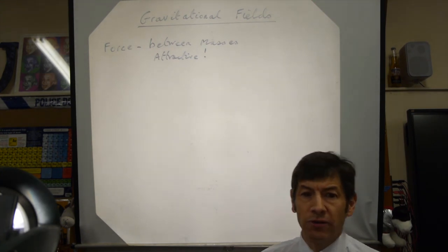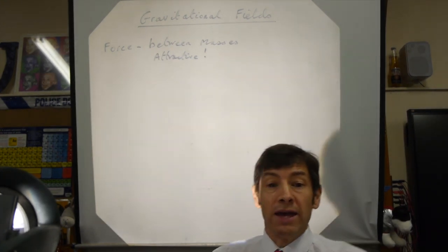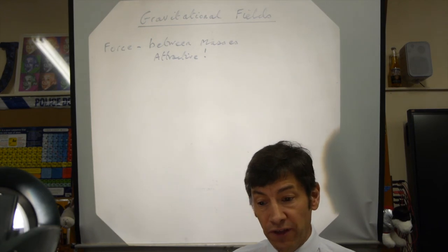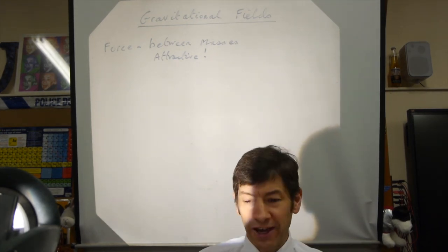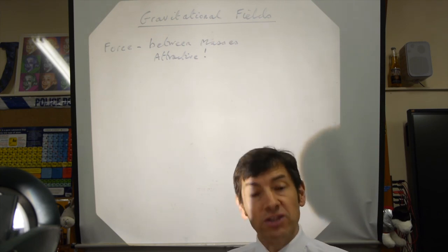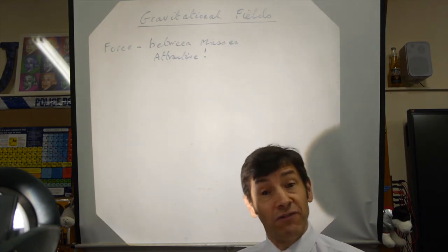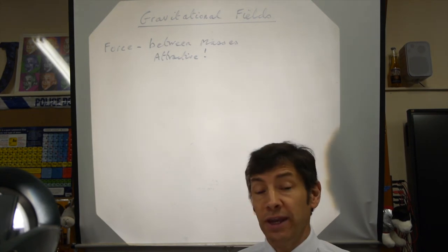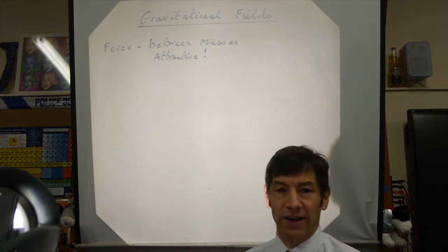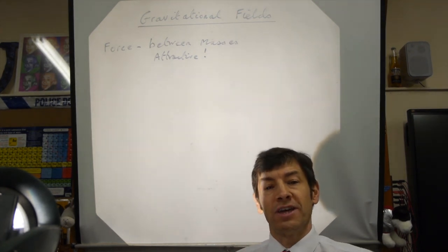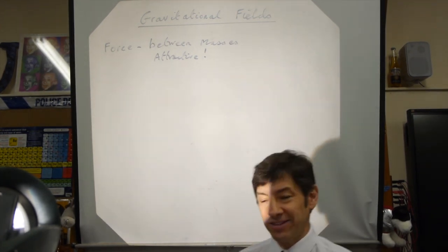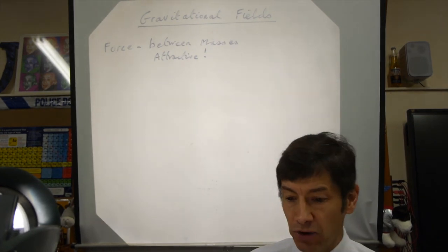You don't ever have a situation where two masses in a gravitational field repel. I'm not sure we really know why that is, but you need to remember that because forces are vector quantities, and we need to get the direction of the force vector right because of the way the forces attract. And you'll see how that comes into being a little bit later on.